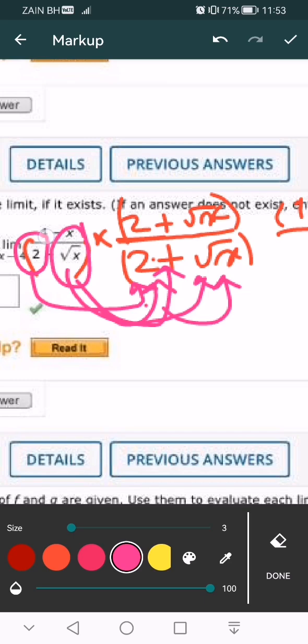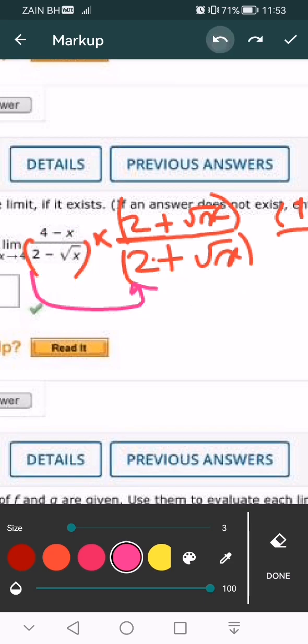And also when I multiply 2 by square root of x, I will get plus 2 square root of x, and the minus and plus will cancel each other. So I don't want to do this one. Just follow the specific way, which is I will multiply this one by this one and this one by this one.